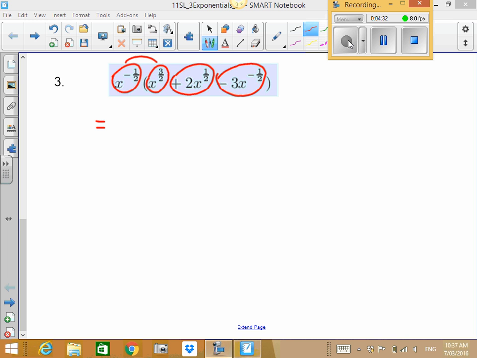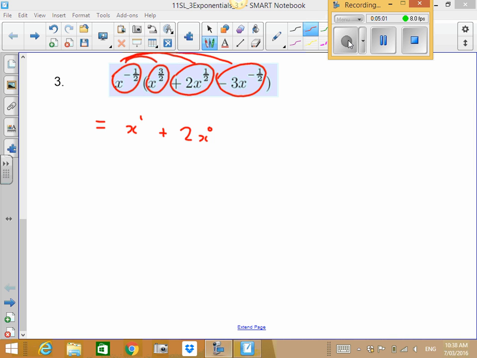So x to the minus a half times x to the power of 3 on 2 gives us x to the power of minus a half plus 3 on 2, which is x to the power of 1. Plus x to the minus a half times 2x to the half will give us 2x to the power of 0.